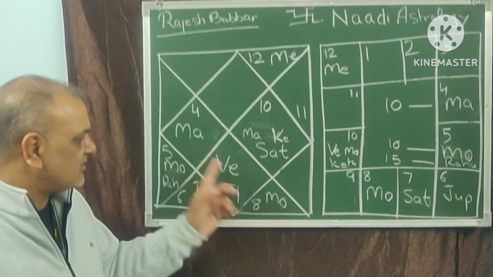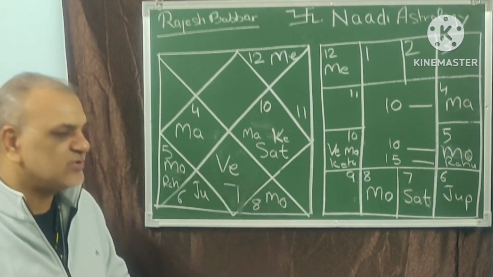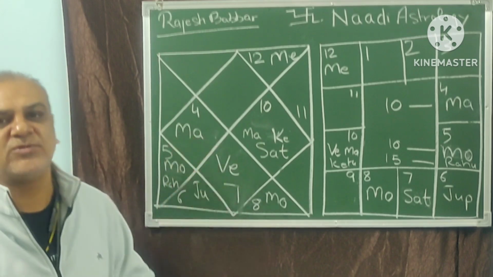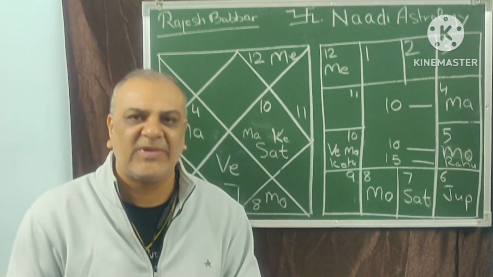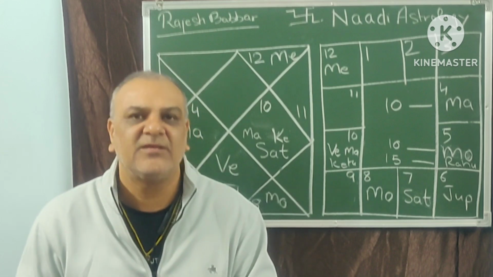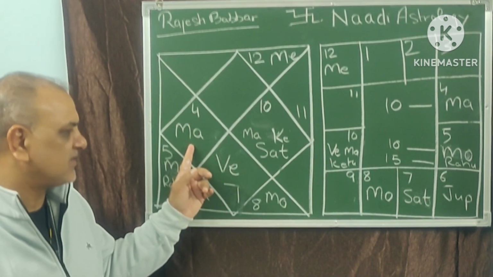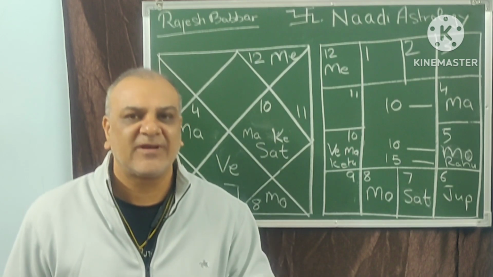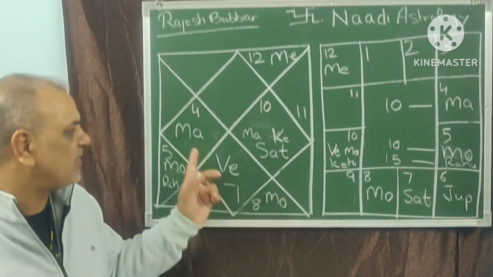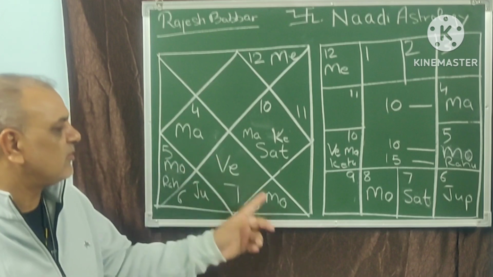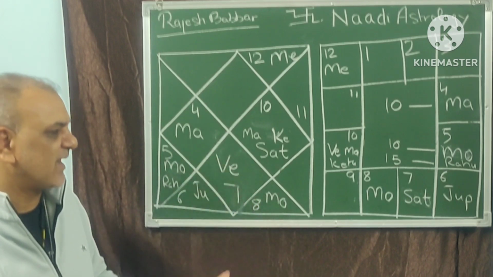These two planets, Moon should be alone, Mars should also be alone. They should not be in conjunction with any other planet. Let's say if Mars is conjunct with Saturn here, these planets will not give the Raj Yoga result. They have to be alone. There should be no conjunction with any of these two planets.